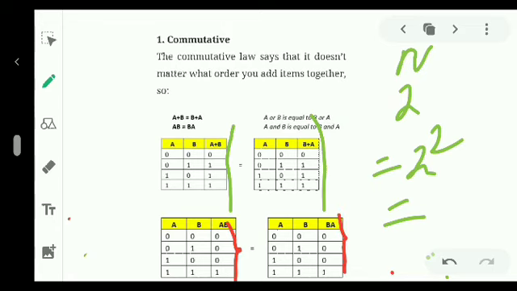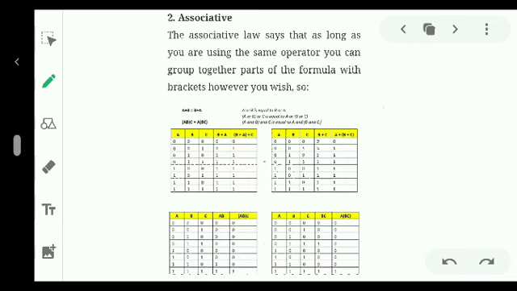So it is the same thing. Next, going forward to the second law, the associative law. The associative law of addition is given by A plus (B plus C) is equal to (A plus B) plus C. The OR operation of several variables gives the same result regardless of the grouping of the variables.